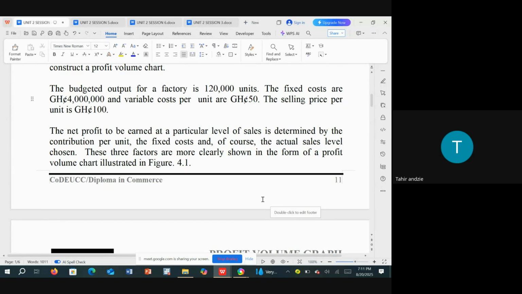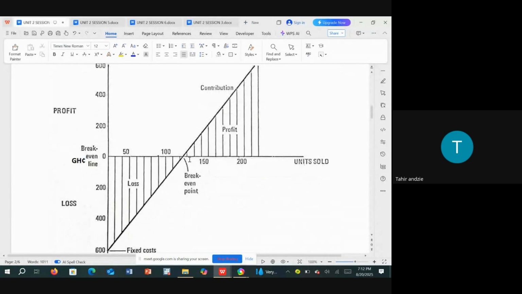So that is what we are saying: once you have the sales revenue, the net profit you are going to get at any level of sales depends on the fixed costs and the contribution per unit, and the actual sales level that is chosen. These three factors are more clearly shown in the form of a profit volume chart that is illustrated in figure 4.1. So look at figure 4.1 here.